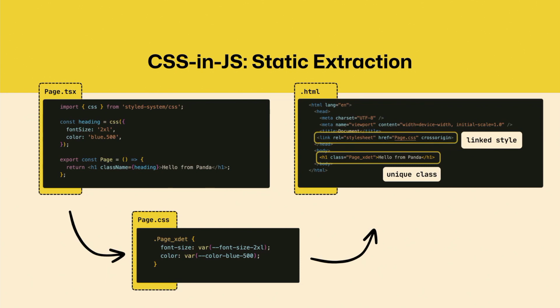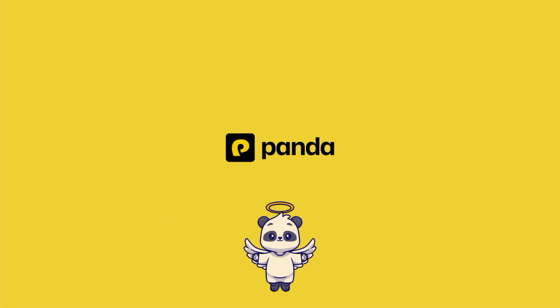And this is so useful. This means that when we write CSS in JS using the static extraction approach, we're able to get the developer experience from CSS in JS, and we're also able to get the atomic classes, which is what we get in terms of the output when writing regular CSS. So this way, we're able to combine the best of both worlds.